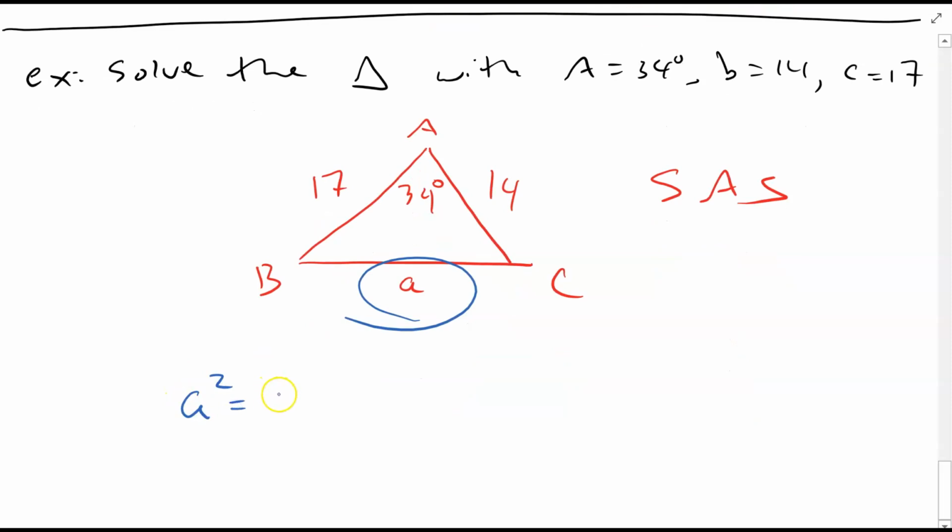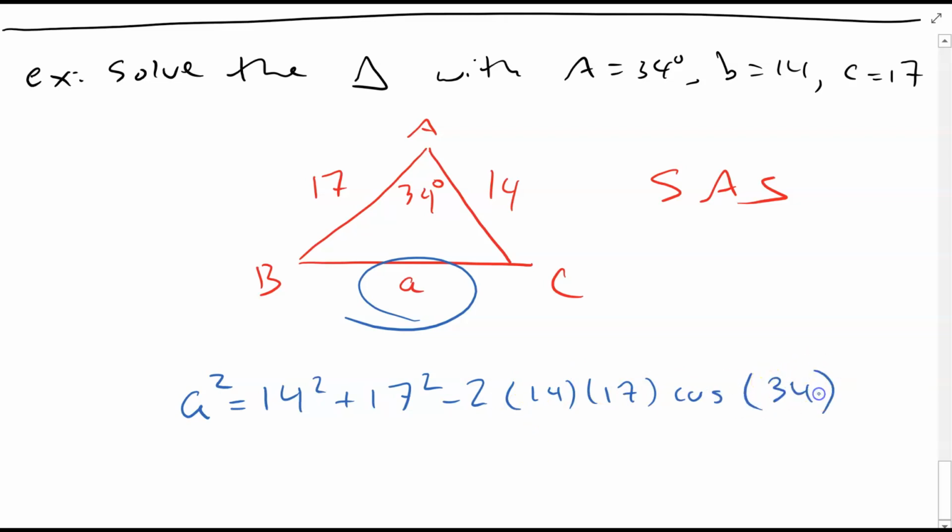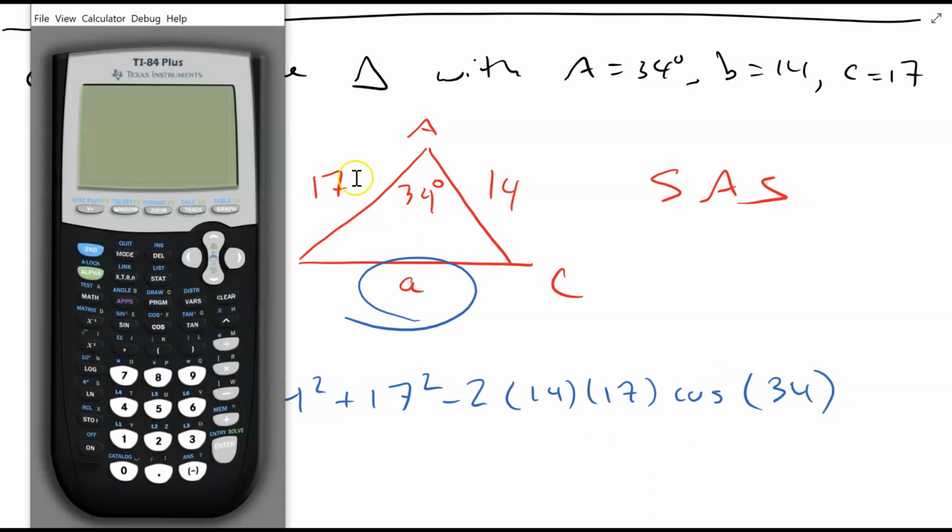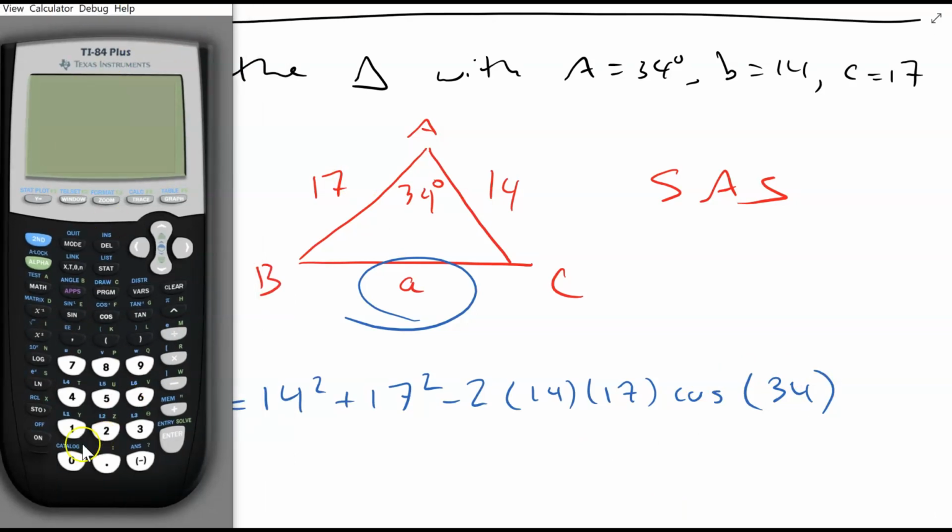Using the law of cosines, A squared is equal to B squared plus C squared minus 2 times B times C times cosine of A. Now, I would encourage you, when you do this on your calculator, to do it all in one step.